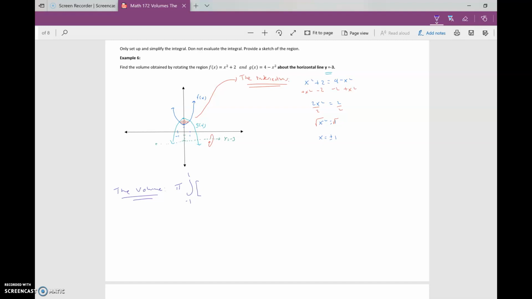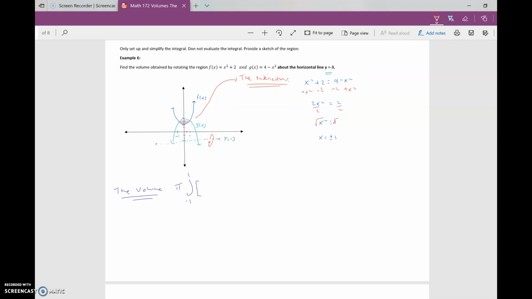Okay, so you're basically looking at this portion, the distance from 0 to this function, which happens to be g. And the distance from y is equal to 0 to the function is just basically 4 minus x squared.